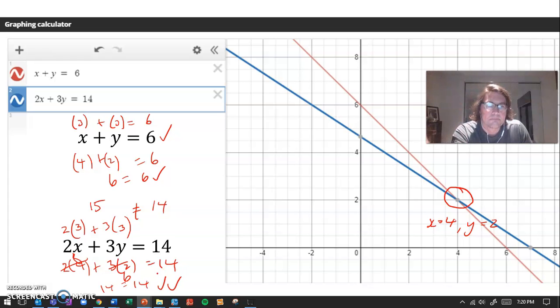So when x is 4 and y is 2, that is a solution to those pairs of equations. Okay, so that's the first learning goal there, recognising that there is the answer to these two pairs of equations, 1 and 2. Okay, how would you work that out in your CAS?